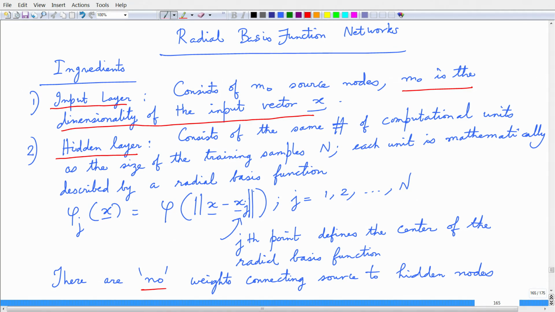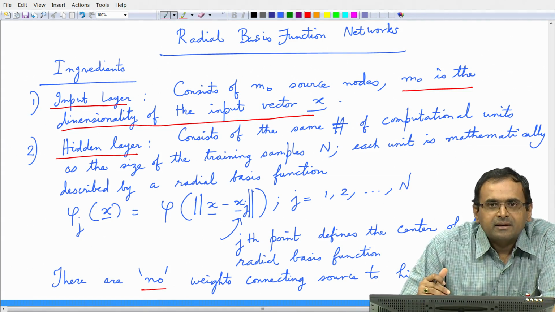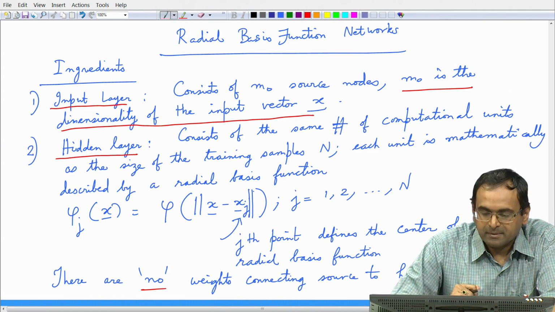Typically, in a radial basis function network, the number of computational units in the hidden layer is the same as the number of training samples, but this need not be the case because it will be computationally intensive. But let us suppose that this is true and then we will proceed, and later on we will arrive at a simplification to this step.